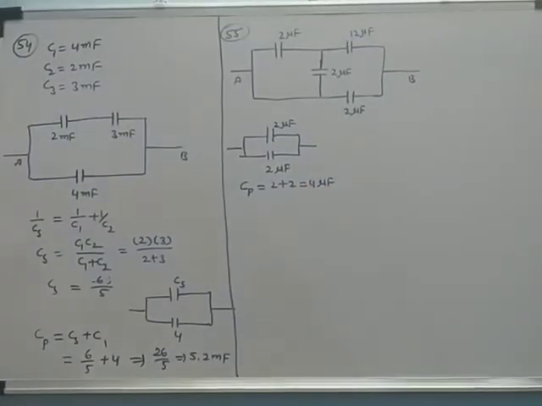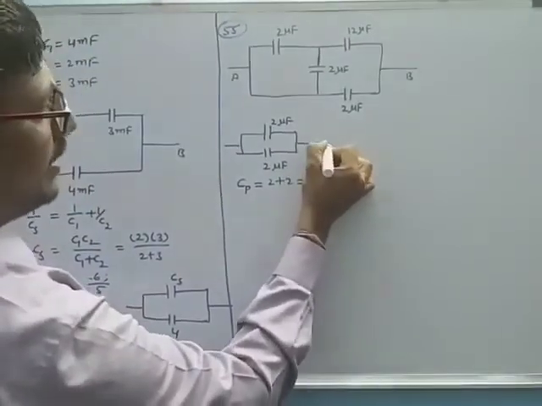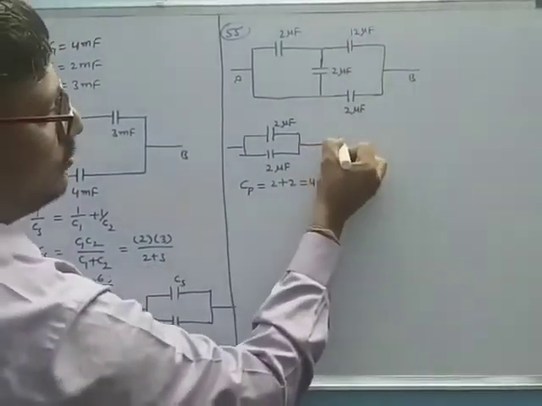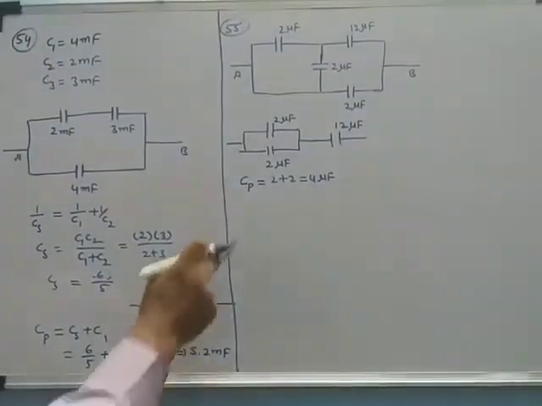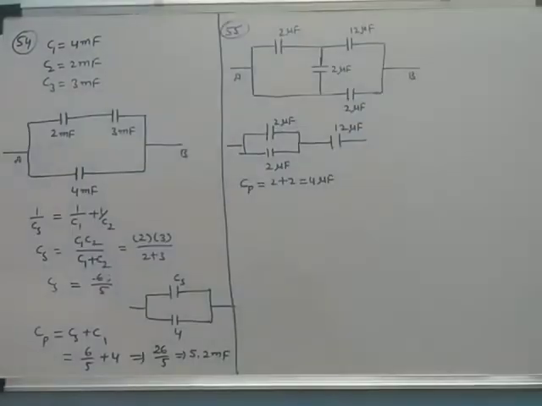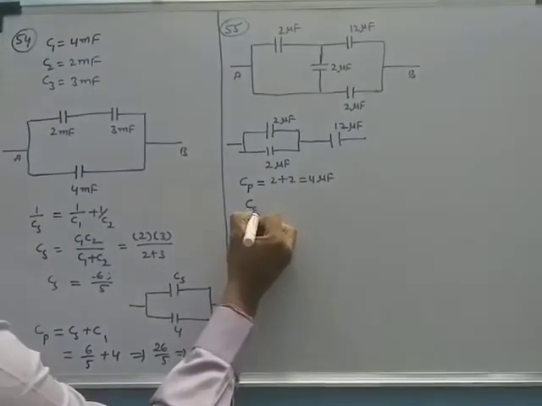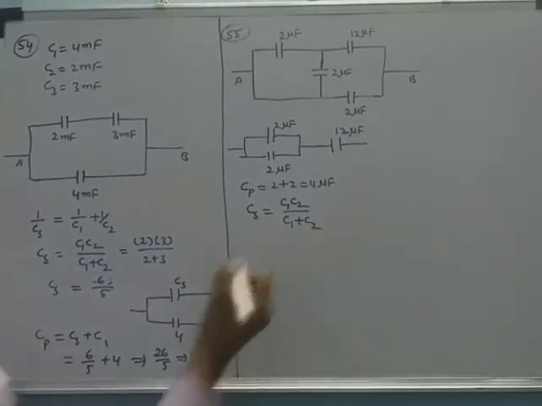Now this total is 4 microfarad. This 4 microfarad is connected with the 12 microfarad, so now it is in series. The formula for series is Cs equal to C1 C2 by C1 plus C2.